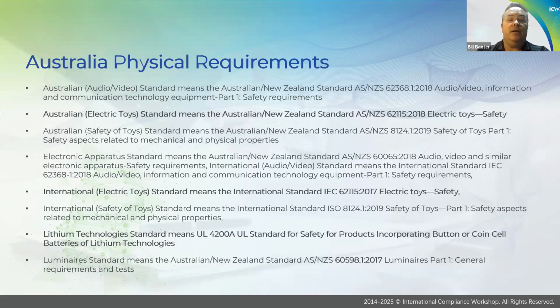And they include Australian Electric Toys, which is 62115, and it's aligned with the EU standard. They also allow 4200A, the UL standard that I was talking about for the US. And then some specific lighting standards and information technology standards that address button cell batteries.